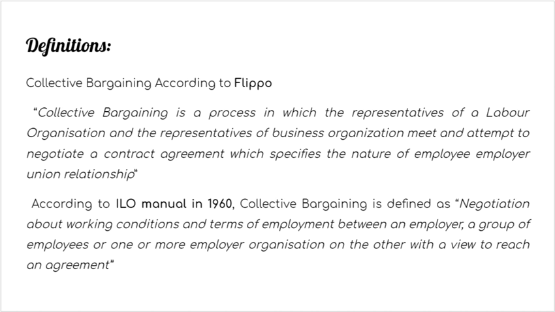Another definition is by the ILO manual in 1960, which says collective bargaining is a negotiation about working conditions and terms of employment between an employer, a group of employees, or one or more employer organizations on the other, with a view to reach an agreement.